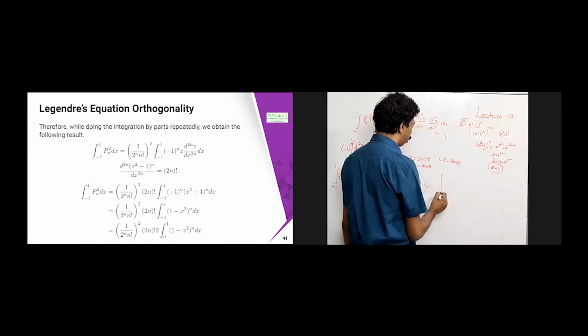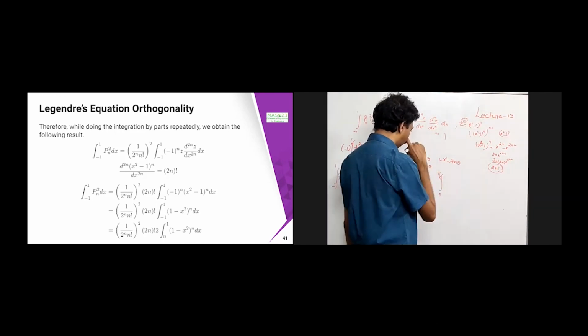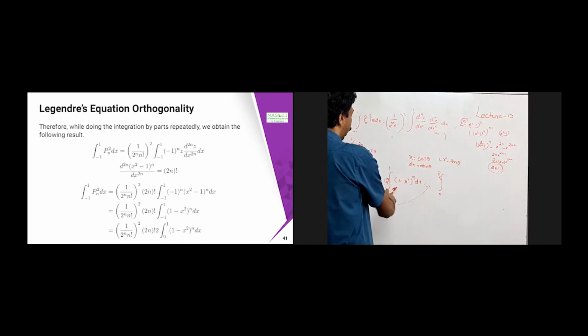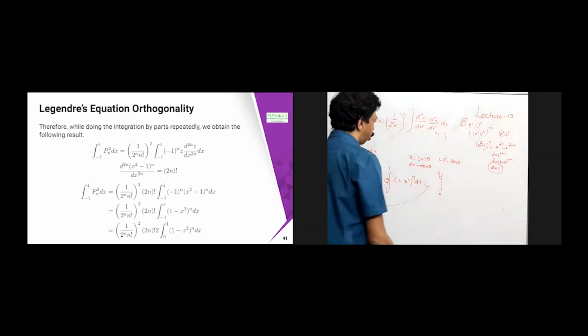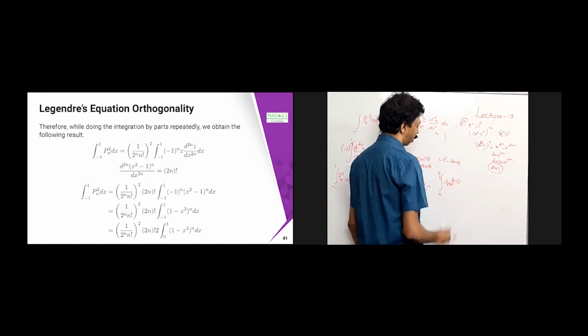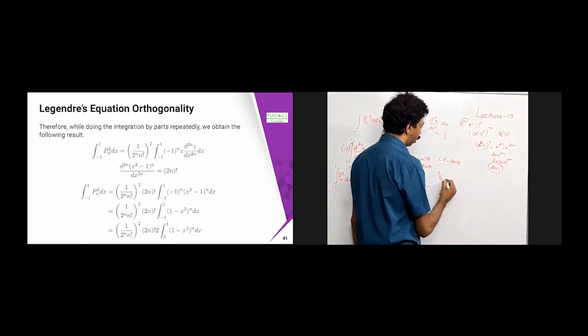When x equals 0, you get θ equal to pi by 2, and when x equals 1, you get θ equal to 0. So the minus sign interchanges the limits, and you get the integral from 0 to pi by 2 of sine^(2n+1) theta dθ.